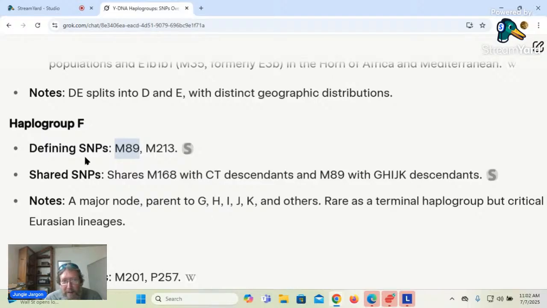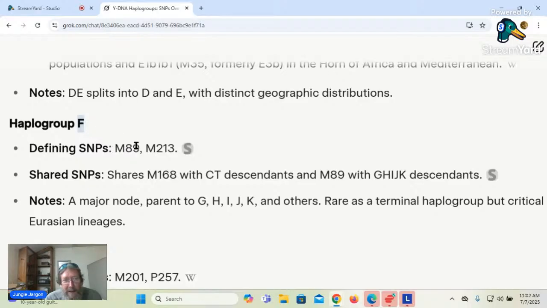I don't know why they call it defining. Well, I just said why they have it defined, because it's going from E to F, and when they speak of F, they mean F and everything what they consider downhill. So that's what defines F as M89. But it's not going downhill from F.